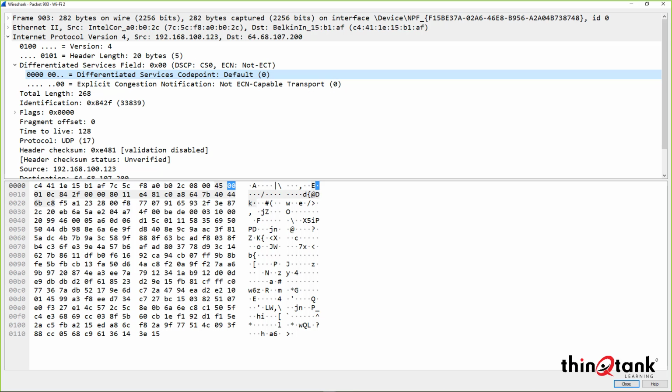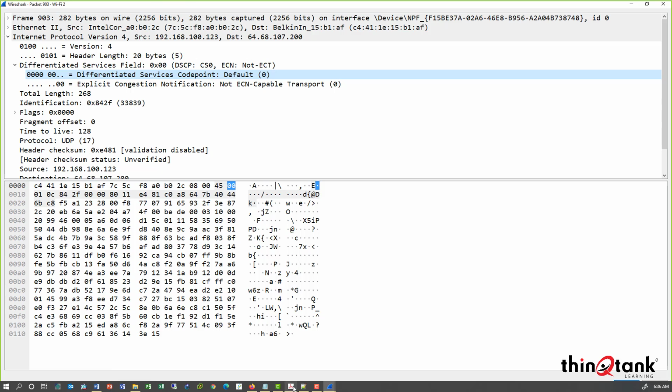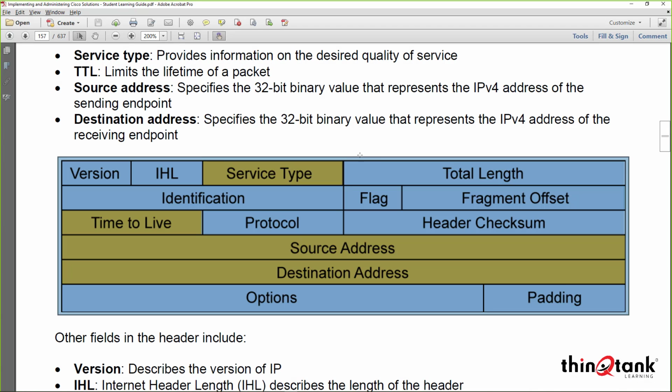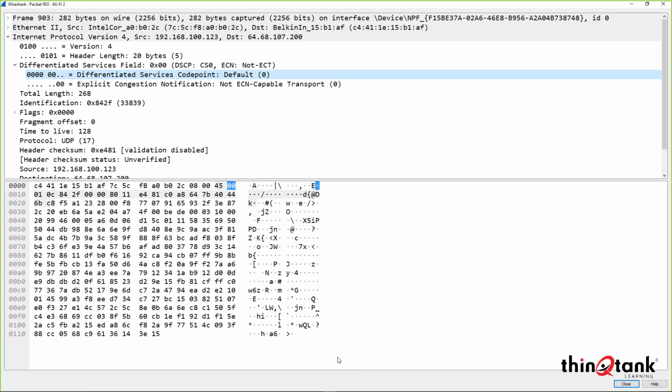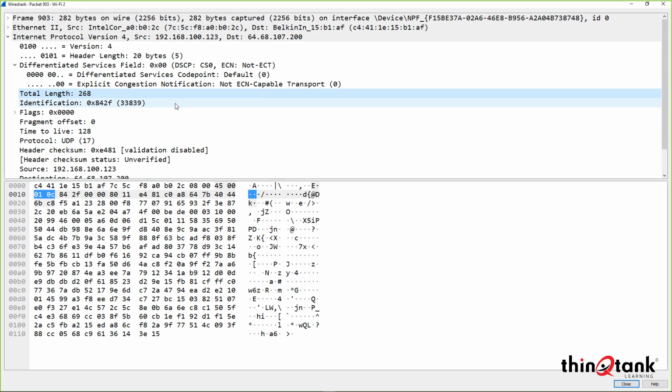All right, the next field, much simpler. I promise the fields get a little bit easier to understand. The next field is really much simpler. It represents the total length of the PDU. Not only just the header, because we already saw the header length before, but the total length includes the header and the payload. So I can look at this Wireshark capture and I see a total length of 268.